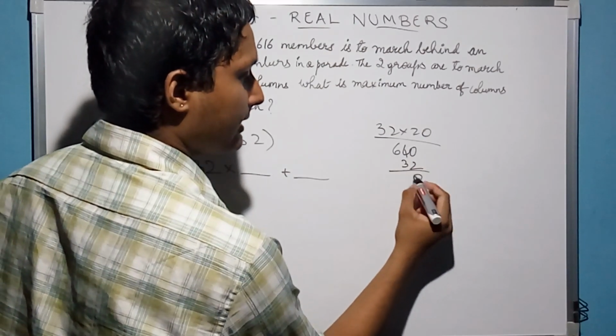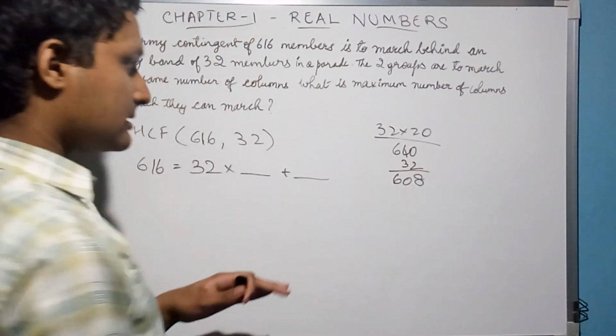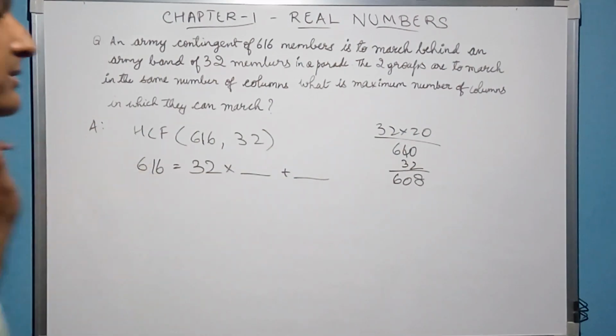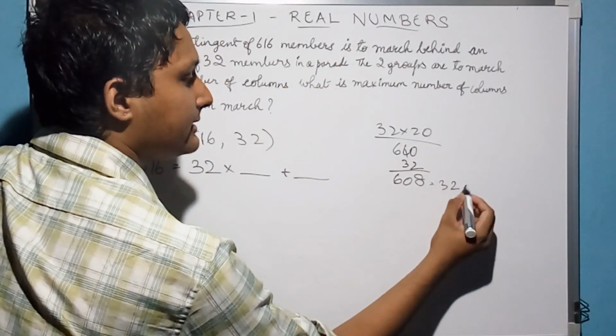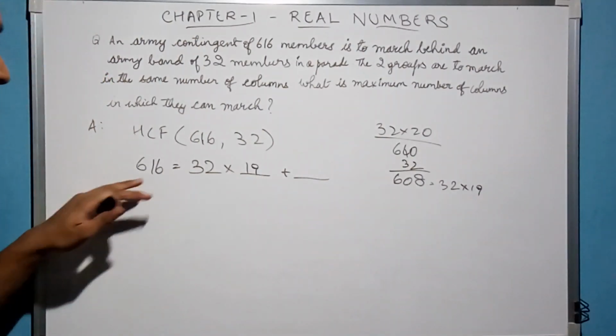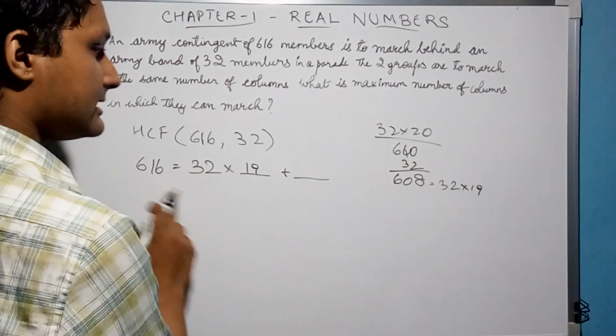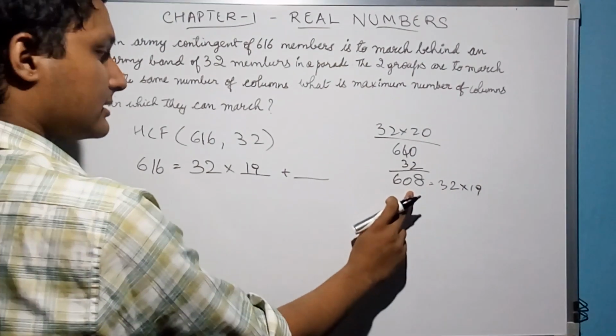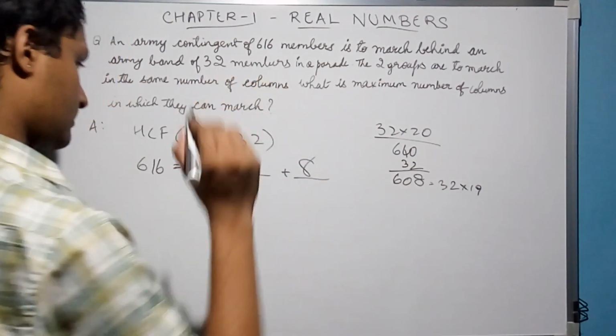Here it becomes 608. So 608 is divisible by 32. That is 32 into 19. So it should be 19 here. And what is remaining is 616 minus 608, that is 8. 8 is extra.